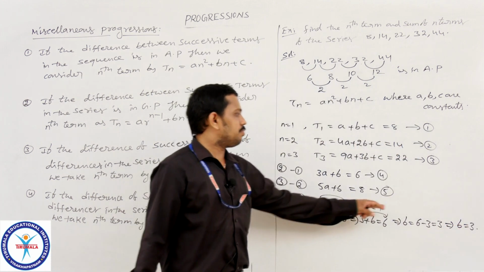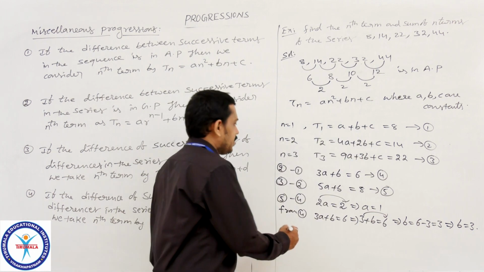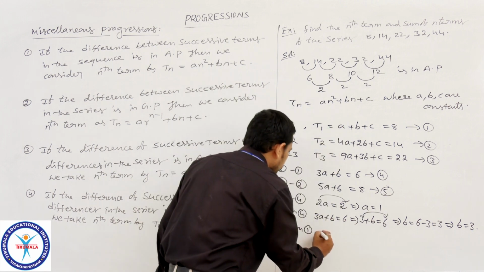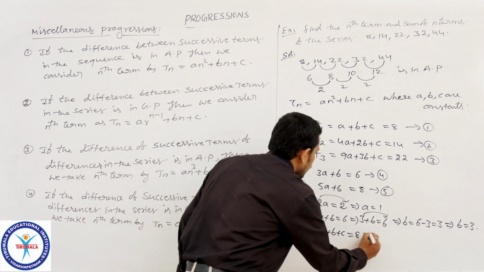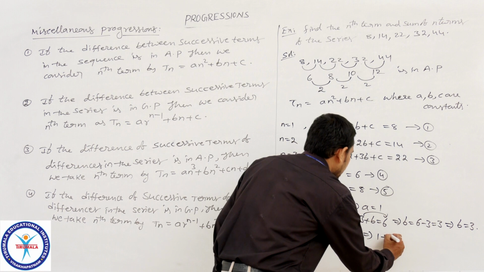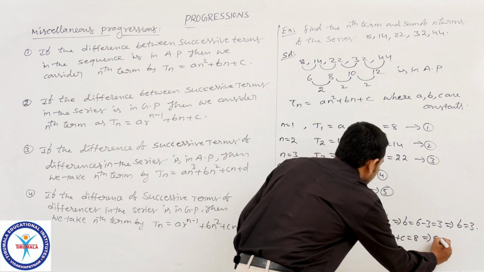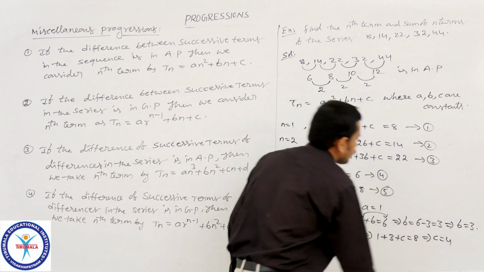Now we have the a value and the b value. What else do we require to find? The c value. From equation 1, a + b + c = 8 implies 1 + 3 + c = 8, which implies c is equal to 8 minus 4, which is 4.